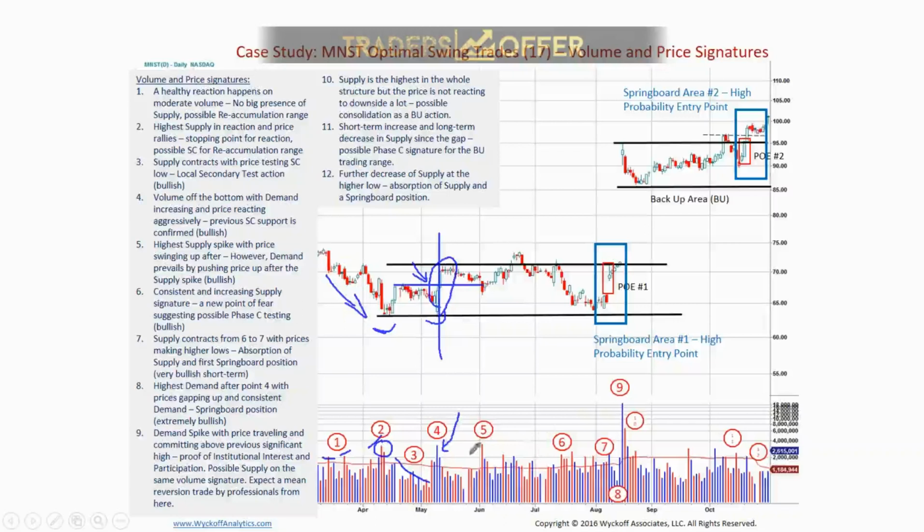Now, at point number 5, we're not necessarily seeing an increase in the volatility to the downside. It could be just a very temporarily high supply spike that we see. But behind it, we definitely see demand emerging. And the only way we could say that demand is emerging is after the fact, after the price actually starts to go up.